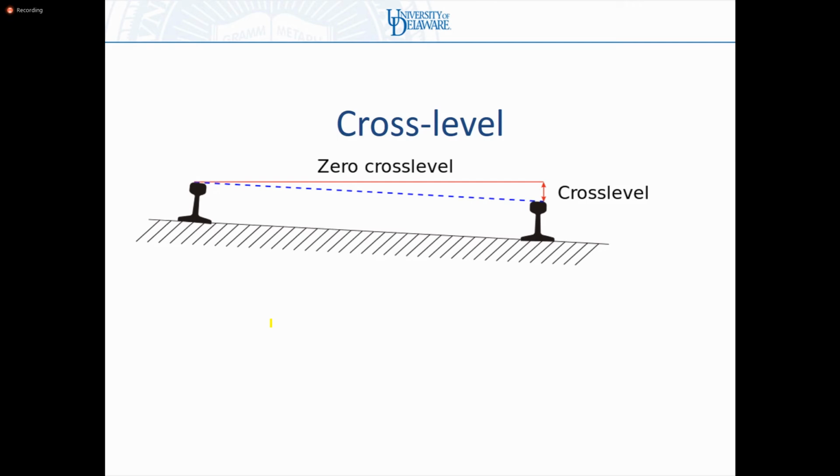Likewise, if I'm supposed to have 100 millimeters of cant and I go out there and I measure 180 millimeters of cant, then I have 80 millimeters of cross level. So it's the variation between the height of the rail, between what's there and what should be there. And in most straight track, it should be flat, zero cross level. In other words, the top of the rail should be even.